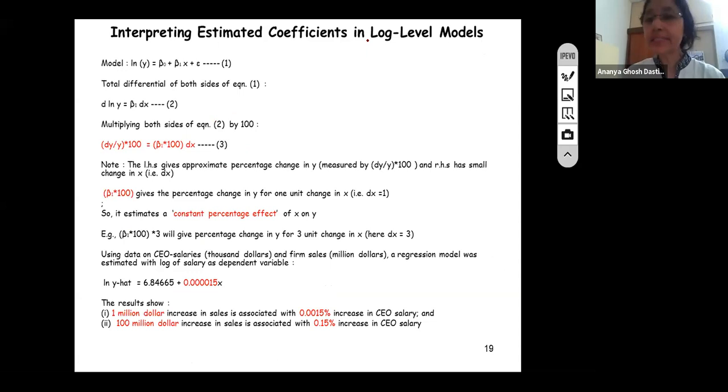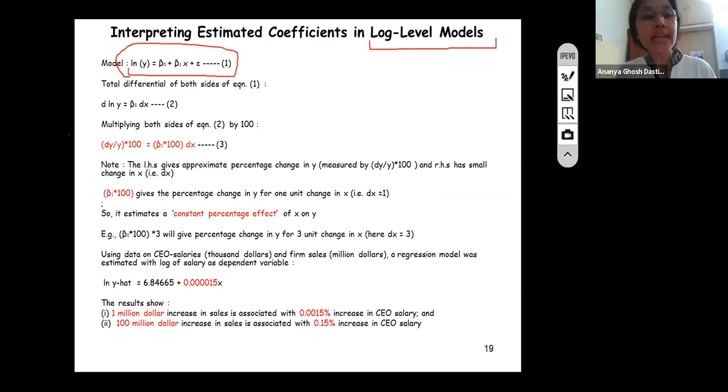Now, we just looked at a log level model like this one, where log y is equal to beta naught plus beta 1x plus the error term. Now what am I trying to do? I'm trying to get you to understand that when you have estimated such a model and you've got your beta, how do you interpret the result? How will you go about this?